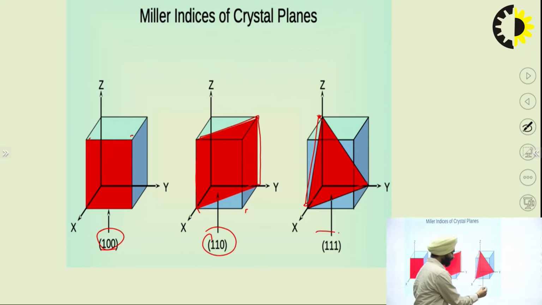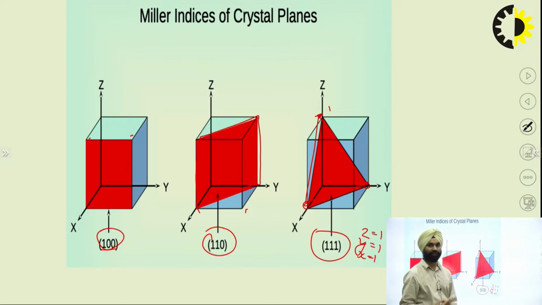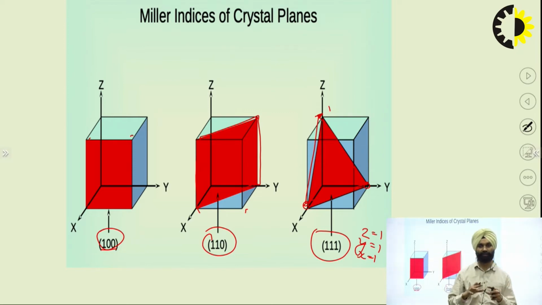The Miller indices 1, 1, 1 show that Z is equal to 1, Y is equal to 1, and X is equal to 1, that is, this point. So this shows the 3 points where the 3 axes are intercepted.